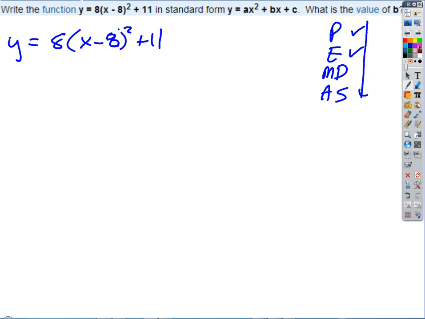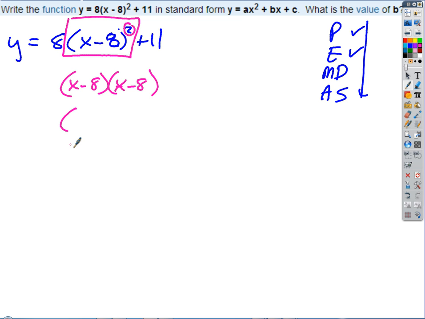Exponents. There is an exponent issue, isn't there? I've got this squared here. So everything that's being squared, I have to expand that out. In this case, that means FOIL. So I'm going to take the x minus 8 times x minus 8 and turn that into x squared minus 8x for the O, minus 8x for the I. That just combines to minus 16x.